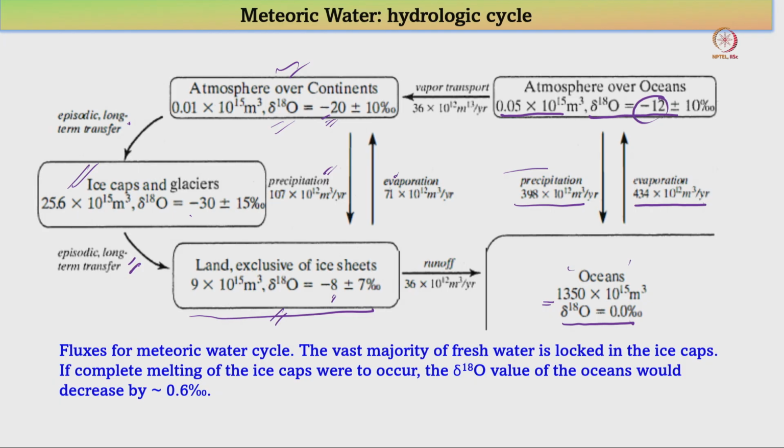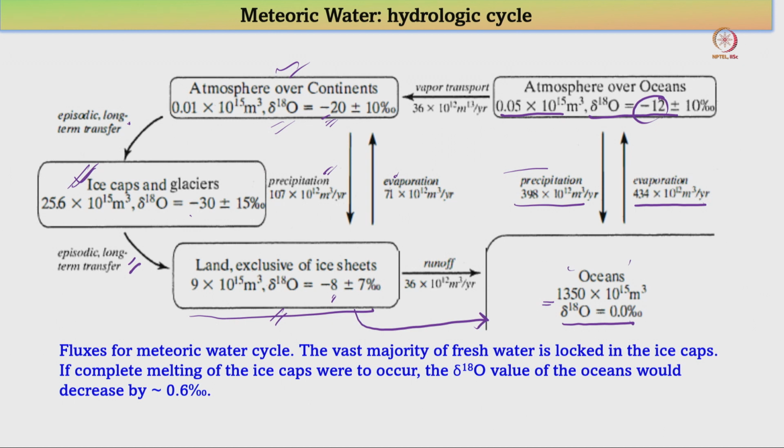Now, all the land mass runoff via the rivers is coming into the oceans, but that is not going to change the ocean composition hugely unless the entire ice caps and the glaciers are melting.